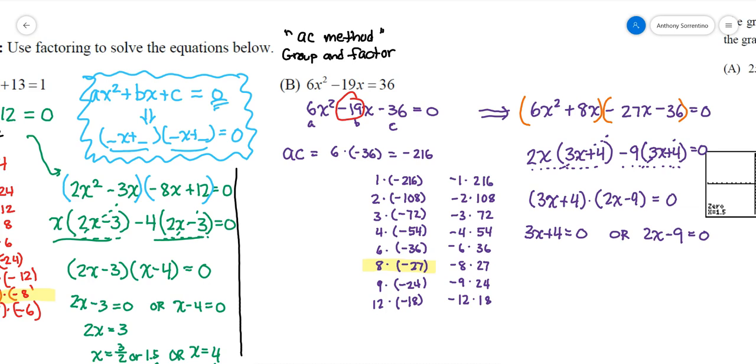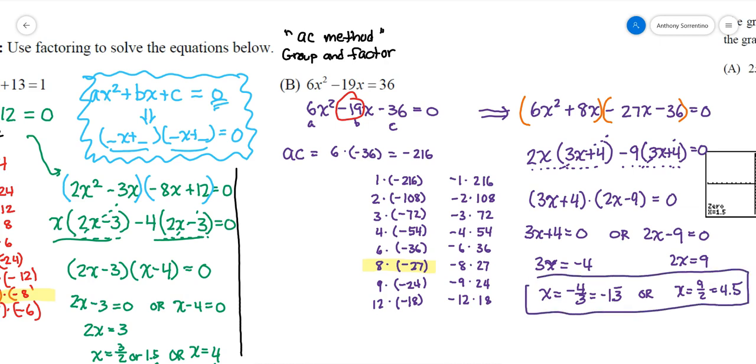If I go through and solve both of these, subtracting 4 from both sides of the first equation and dividing both sides by 3, I can write that as negative 4/3, which is the same thing as negative 1.3 repeating. Or I could add 9 to both sides of the second equation, and then divide both sides by 2, which gives me 9/2, which is 4.5. And those would be the two solutions for this equation.